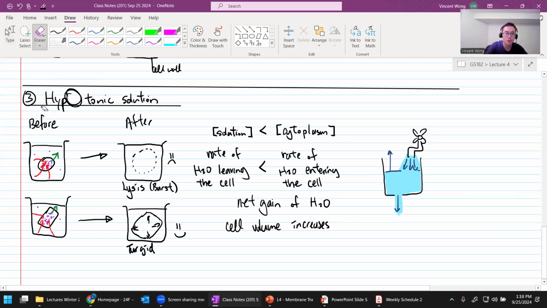Over here, we are using hypotonic and hypertonic to describe the solution. So when we say the solution is hypotonic to the cell, another way to say it would be the cell is hypertonic to the solution. Okay, one more time. The solution is hypotonic to the cell, but the cell would be hypertonic to the solution, right?